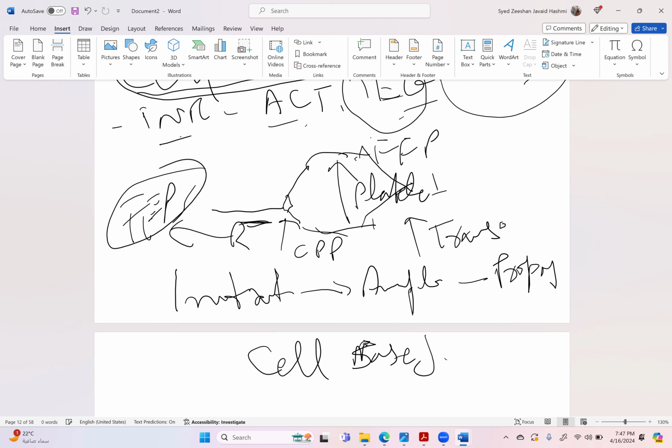So if nothing is working, then you will go for Novo 7. Of course they can ask you what the complications of Novo 7 are. Thrombosis, because it's like an atomic blast of coagulation will start. I have used it a few times and actually nothing happens, but you should know the complications which can occur.